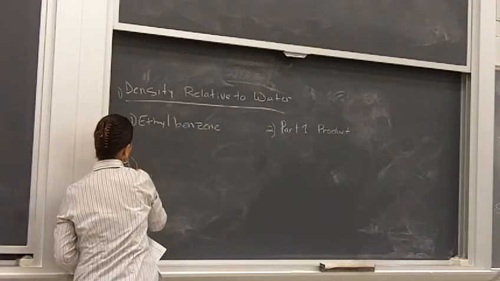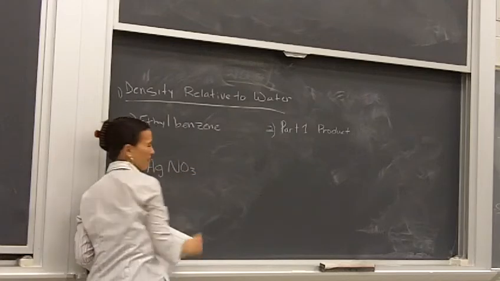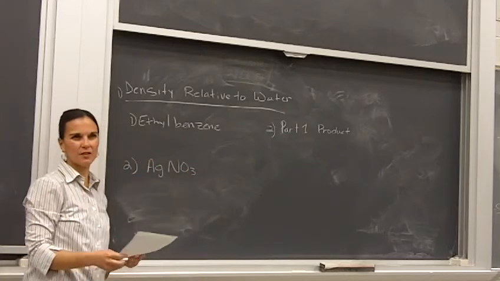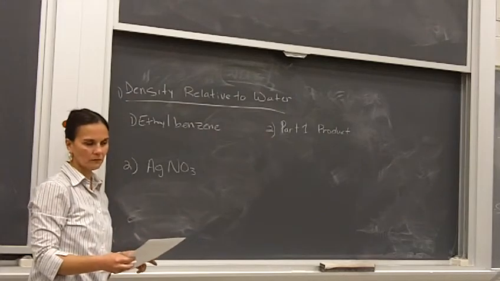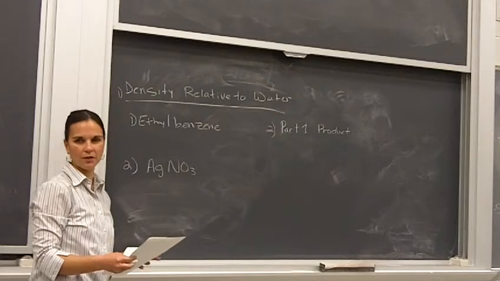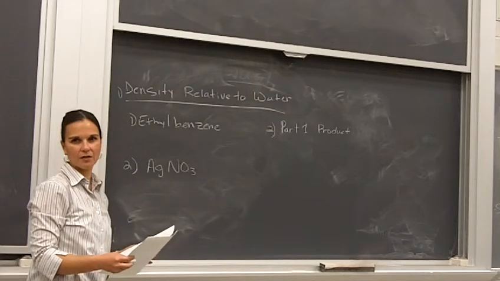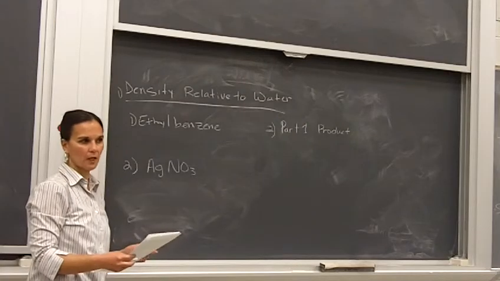Now the second test, so this was our first test, okay? Our second test is we're going to use silver nitrate. So do you remember silver nitrate from Gen Chem? What did it do in Gen Chem? Do you remember any observations from Qual and Gen Chem when it reacted with halogens? Anything?